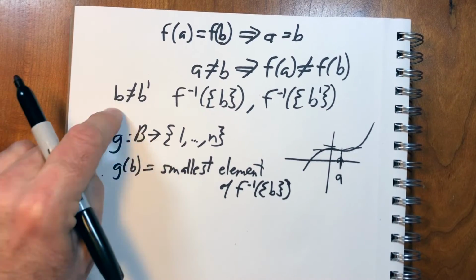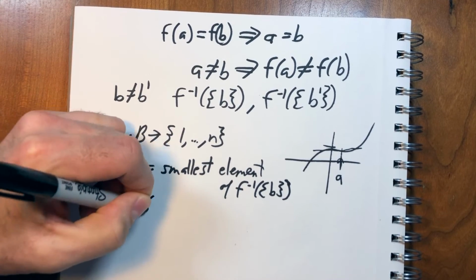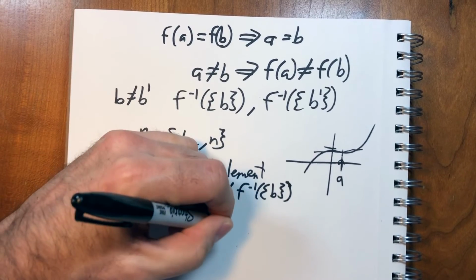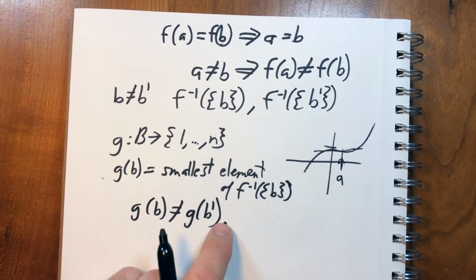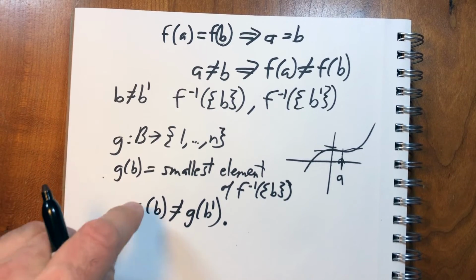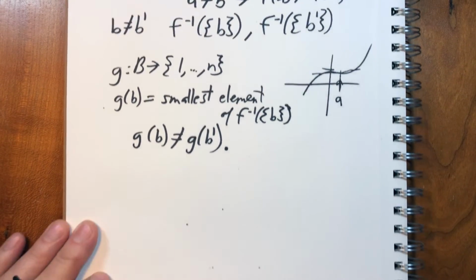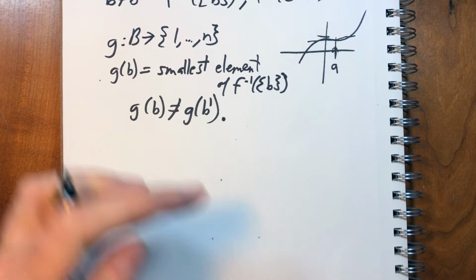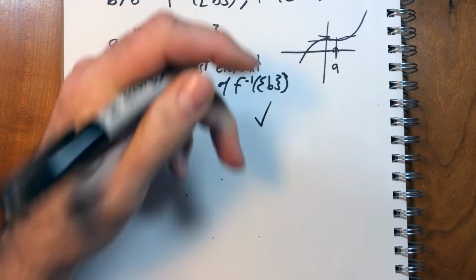So that means that if b doesn't equal b prime, then g of b cannot equal g of b prime. And that means, by the contrapositive definition of injective, g must be injective. That's what we needed to show, that there exists an injective function from b into a section of the positive integers. Okay, good.